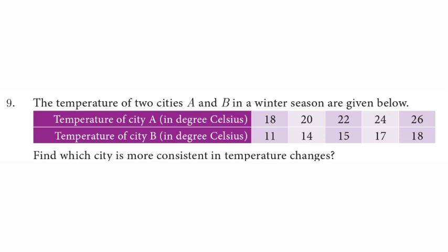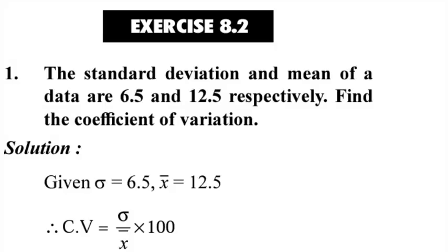Okay, can you understand? Exercise 8.2, first one: the standard deviation and mean of a data are 6.5 and 12.5 respectively. Find the coefficient of variation. What is the solution? The given values are standard deviation and mean.